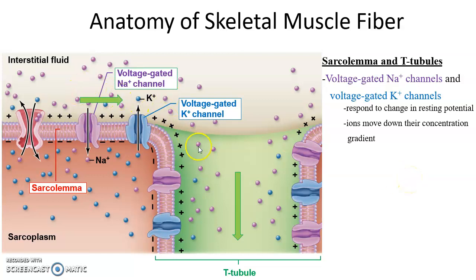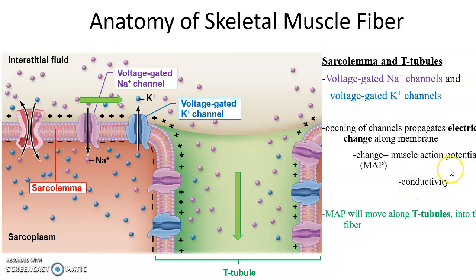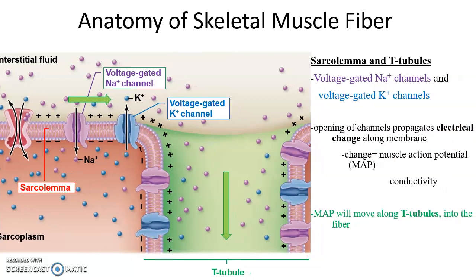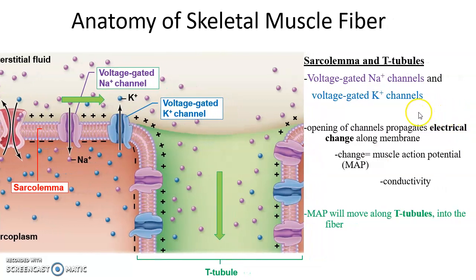The important thing is that this muscle action potential will then go down the transverse tubules. So it is the opening and closing of voltage-gated ion channels that cause the electrical change, that cause the muscle action potential, and send it down the transverse tubules.